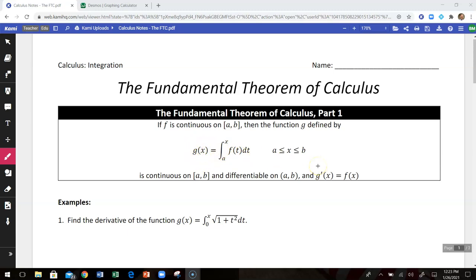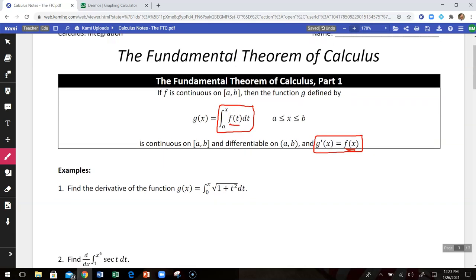The idea is, this is the important part here, if I were to take the derivative of g, I simply just get f, whatever this function is right here, evaluated at x. Okay, so a quick example of that.